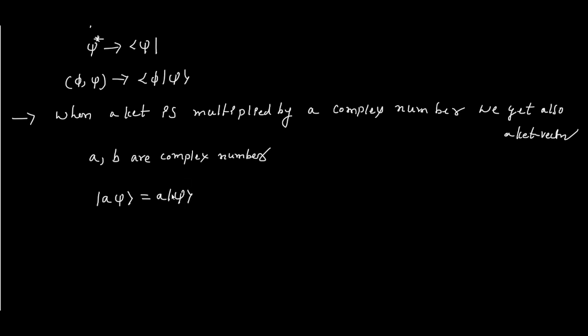We can get a complex number, and this same complex number multiplied by the bra vector, we can get the complex conjugate of the complex number and this vector.